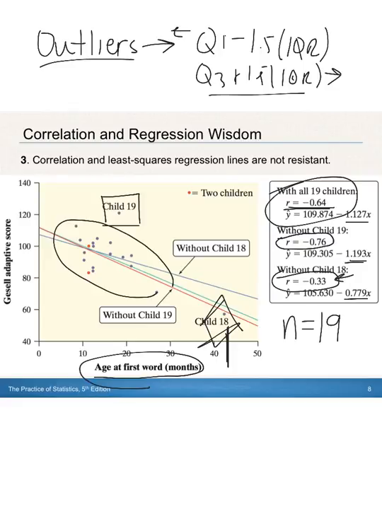But an X outlier often affects the R strongly and affects the least squares regression line. So when we talk about things that are not resistant, correlation is not resistant, least squares regression lines are not resistant, and back to the old things, mean is not resistant, standard deviation is not resistant to outliers, while IQR and median and stuff like that are. But remember, correlation and least squares regression lines are not resistant.